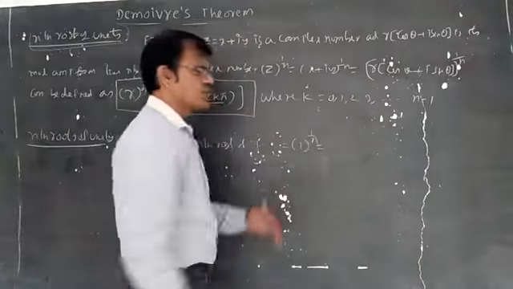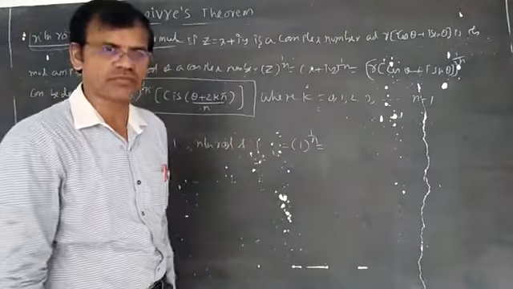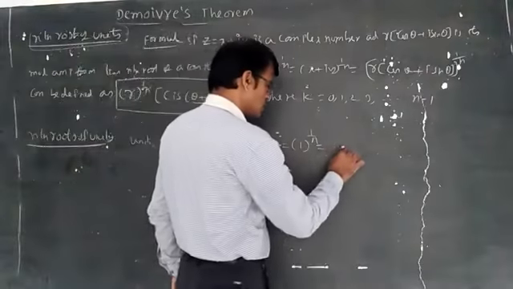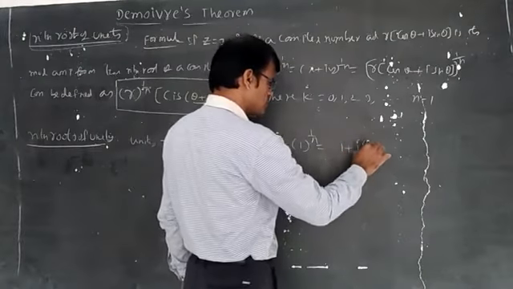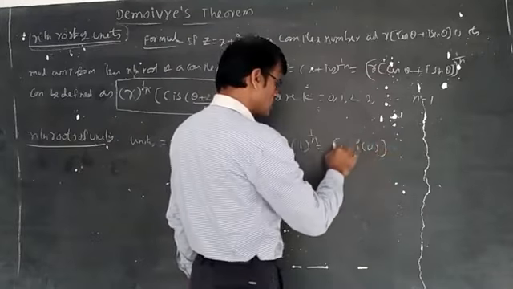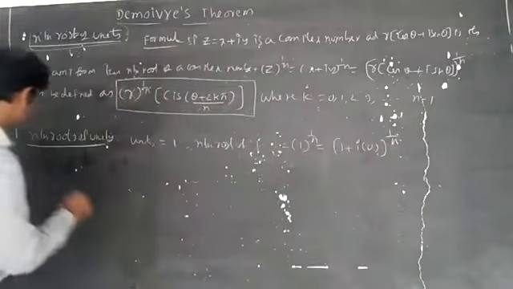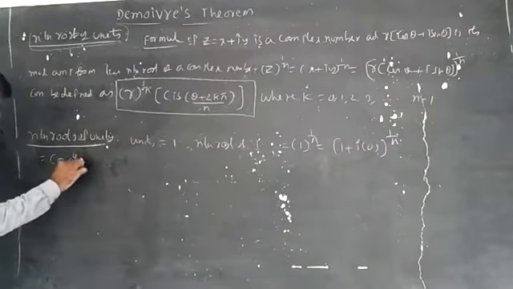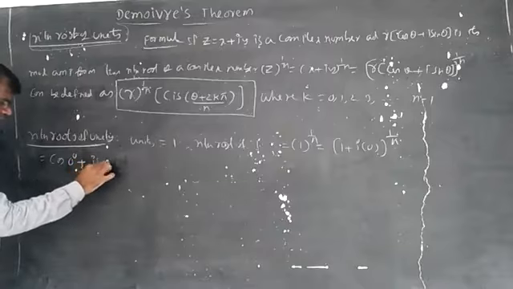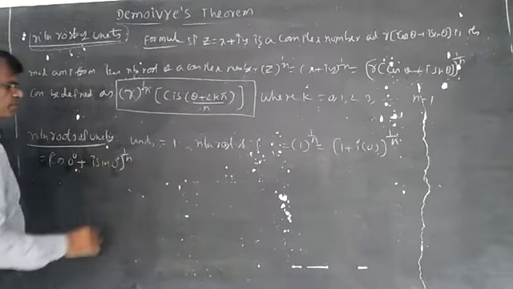Hereafter, every value can be considered in cos theta plus i sin theta form. So, write like this: 1 plus i into 0, whole power 1 by n, that is equal to cos 0 degrees plus i sin 0 degrees, whole power 1 by n.